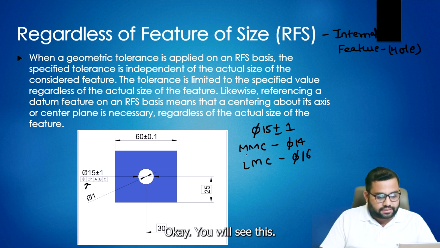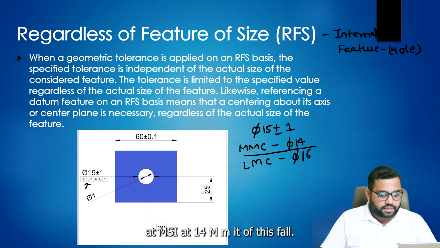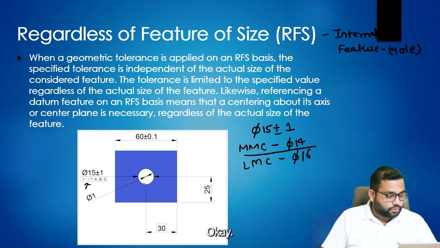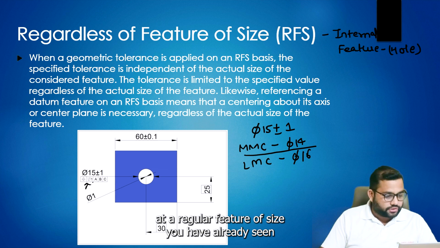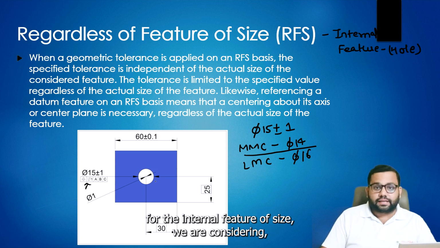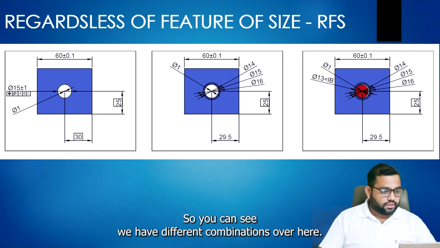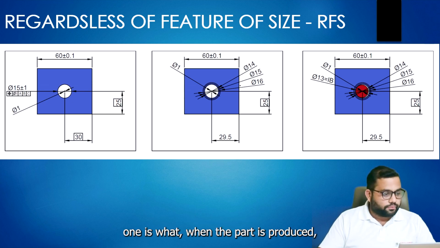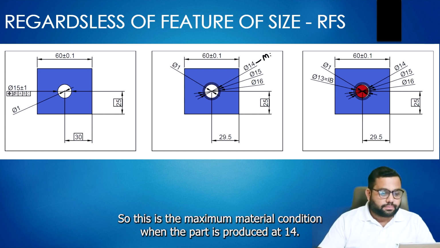In this example, we have applied the positional tolerance on a regardless of feature of size basis, as you have already seen, for the internal feature of size we are considering. So we have different combinations over here. One is when the hole is produced at 14 mm, which is the maximum material condition.